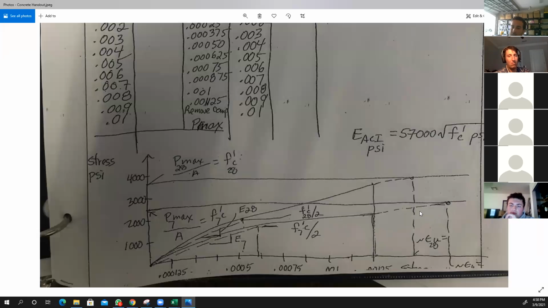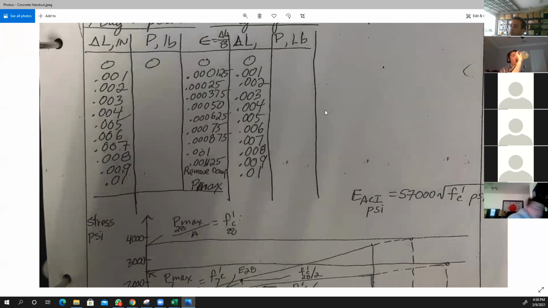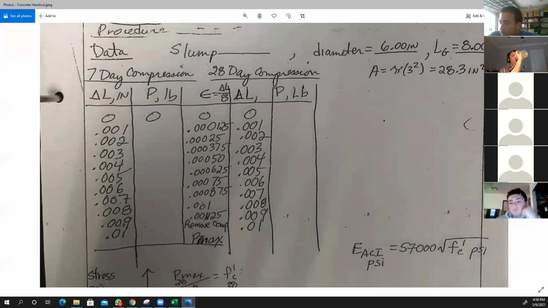So we take the gauge out, so we don't have the final reading for the deformation. That's why we're going to be missing one data point at the end for strain. But since we have the final load at fracture, at failure, we can get that strain value from the graph. We can read it with the corresponding stress value. Now we'll get there when we start looking at the data points, but that's going to be next week.